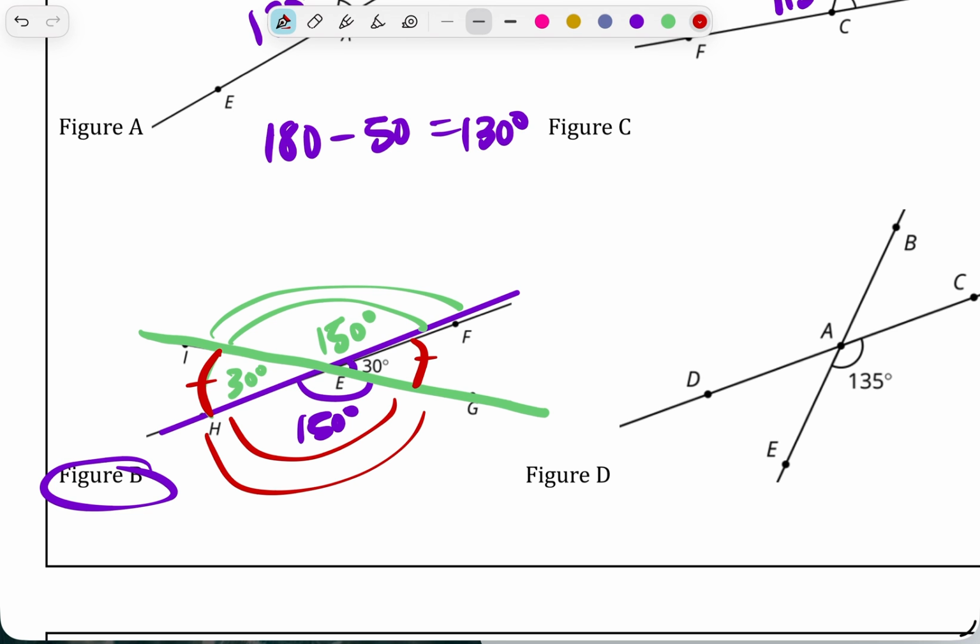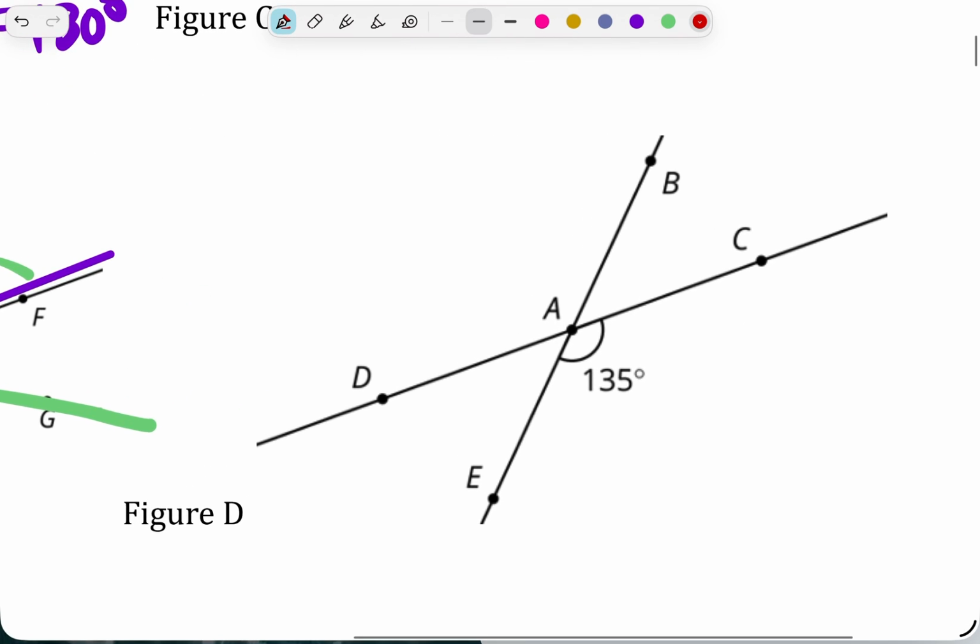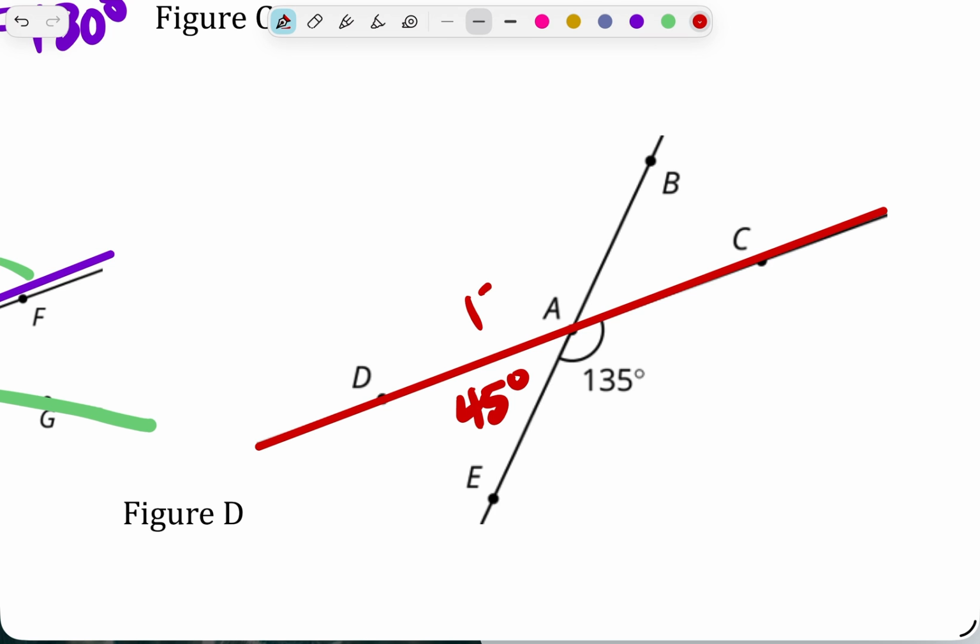Last but not least, we have figure D, and I like to trace the straight line that makes the two supplementary angles. And 180 minus 135 is 45 degrees. And I know that opposite angles, when it makes an X, vertical angles are congruent, and we have 45 degrees here.